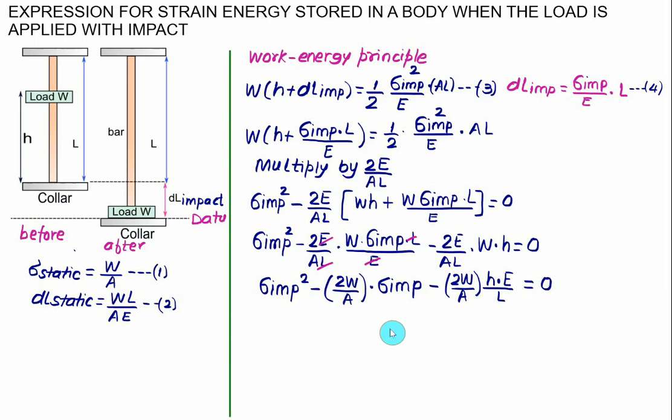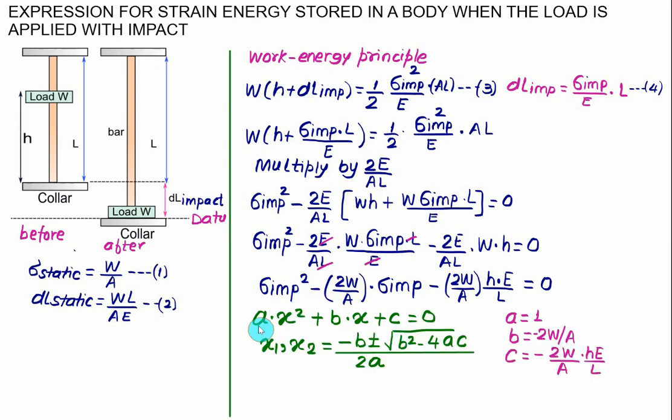So it's almost a quadratic equation here. We'll write this equation in standard form: A into X square, where X is the same as sigma impact, plus B into X, where B is equal to minus 2 times W divided by A, plus a constant C, equal to 0. If you compare this equation, the coefficient of sigma impact is equal to 1, so A is equal to 1.